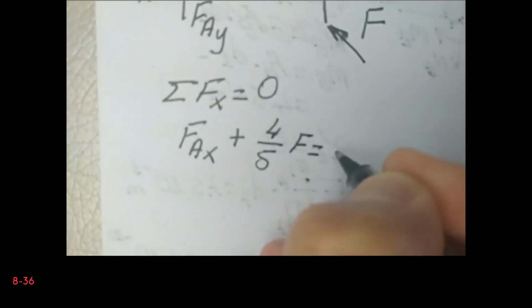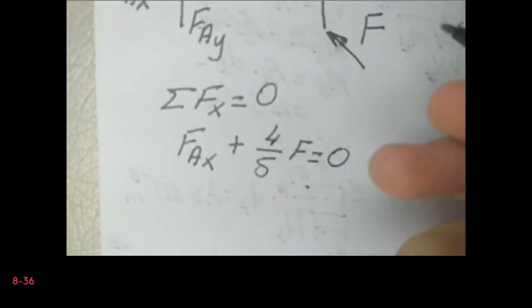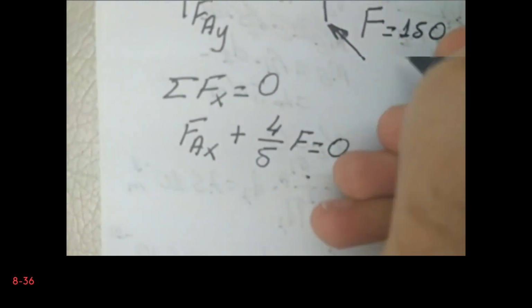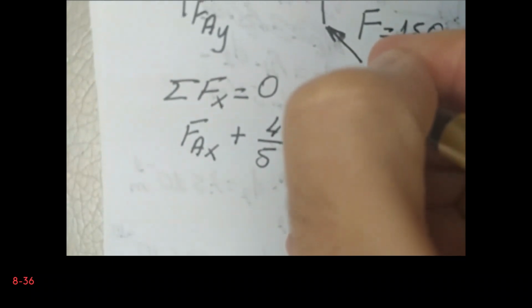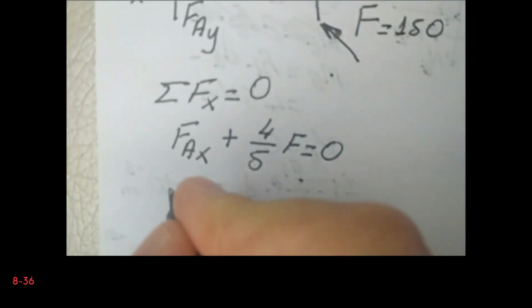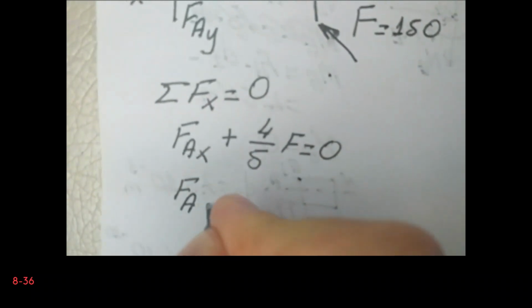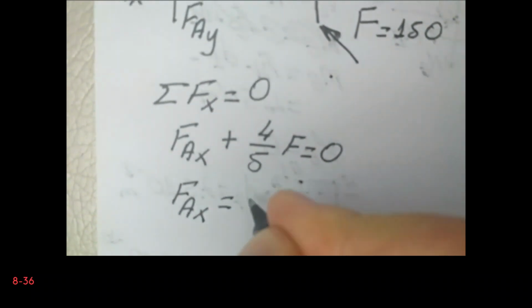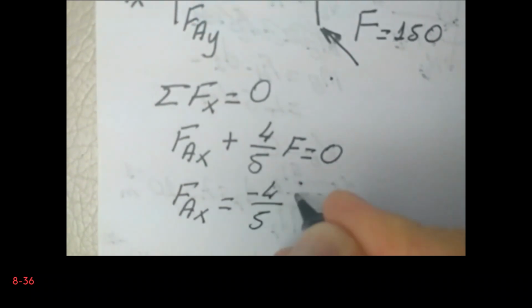In the meantime, the value of the F is already known, so it is 150. So FAX is equal to minus 4 over 5 F, which makes minus 120 newtons.